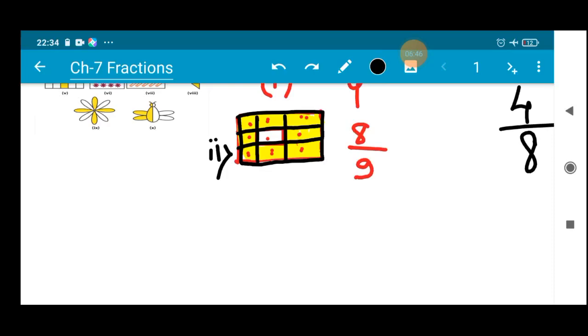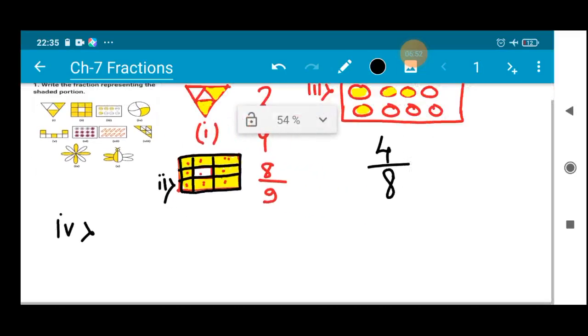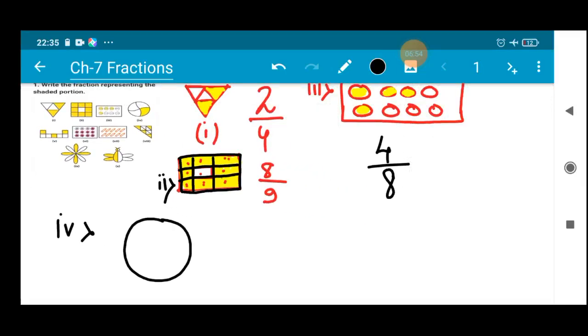Alright, let's head forward to the next one. That is part number 4. Again here also you can see the total number of parts.